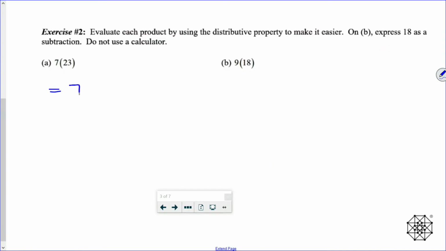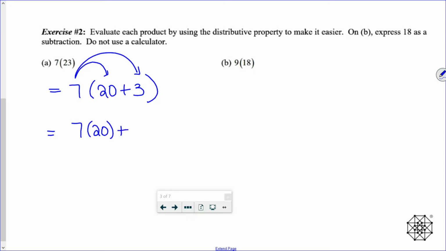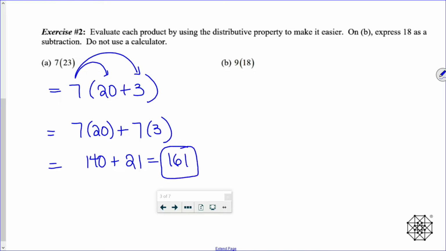This is the same as 7 times 20 plus 3. In which case I can distribute this multiplication to say, well, I've got 7 times 20 plus 7 times 3. 7 times 20 is 140. 7 times 3 is 21, and then I can add those together to get 161.